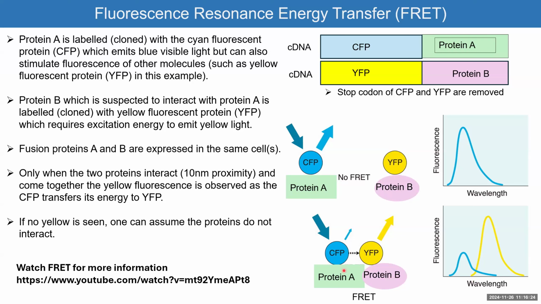Because that indicates the protein A and B are bound together. So if no yellow is seen, one can assume that the proteins do not interact. If the yellow is detected, then I would say these proteins bind to each other. So that's the concept of FRET.